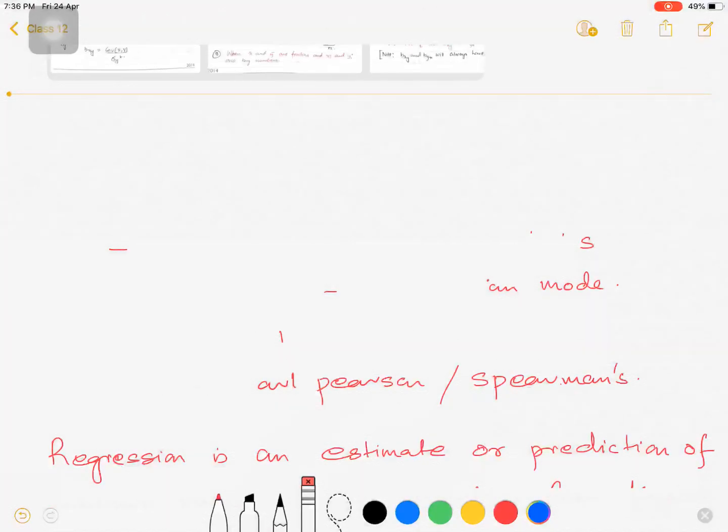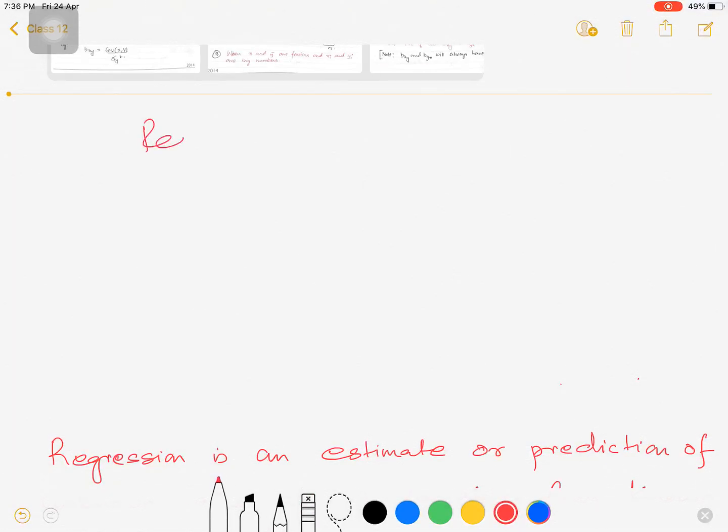Now the second one. What is the second one? The regression equation of x on y. So how does the regression equation of x on y look?